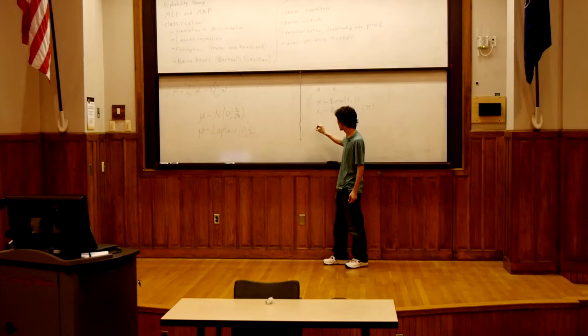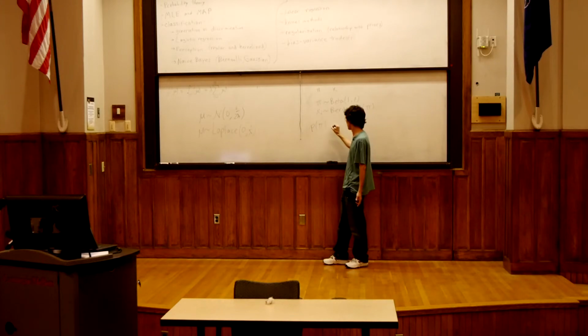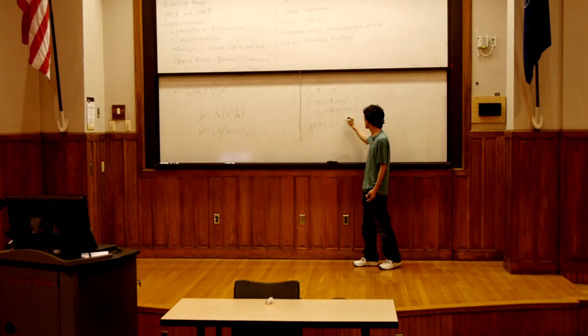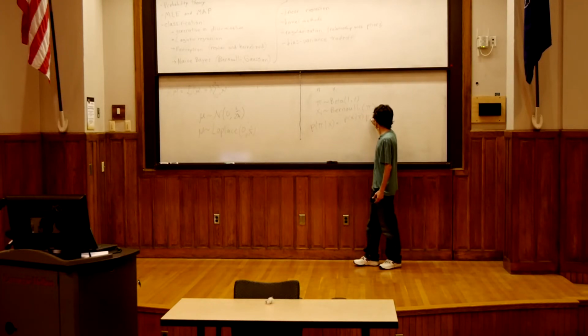I write the posterior. The posterior is the probability of your unknown given your observations. And using Bayes' rule, I can write this as probability of x given pi, probability of pi, over probability of x, right?